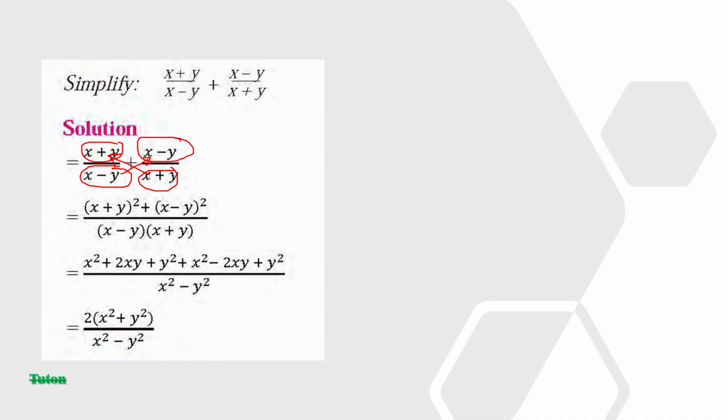Then double x plus y will become x plus y squared, and double x minus y becomes x minus y squared. Now we all know that the formula for a plus b square is a square plus 2ab plus b square.